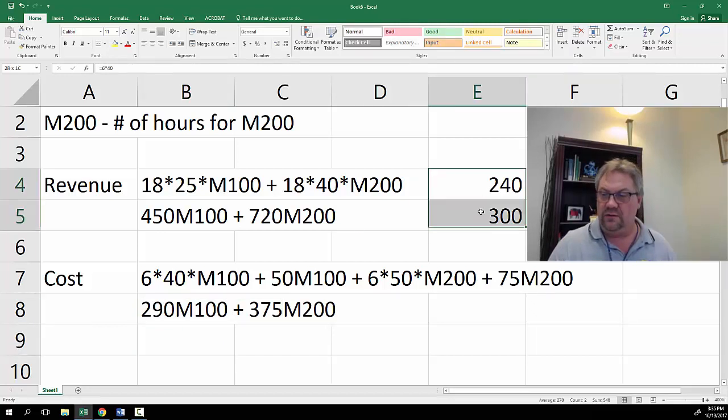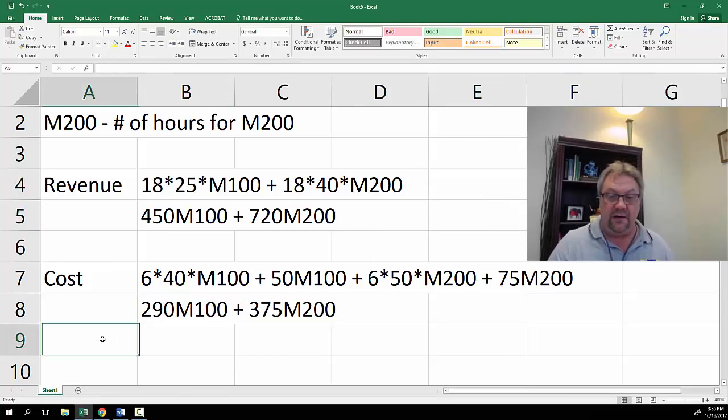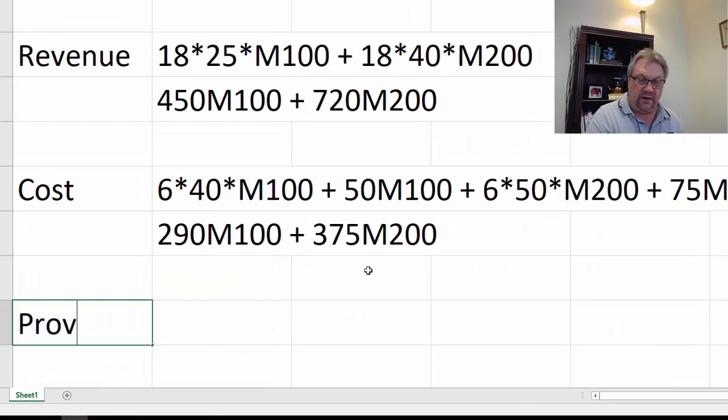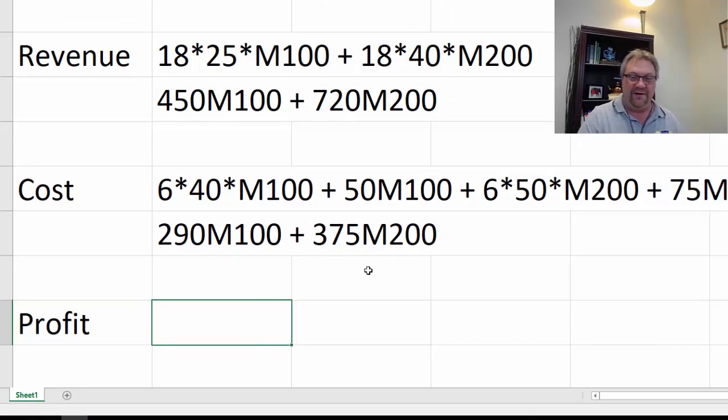It's going to cost me $375 per hour to run the M200. Okay. So then my profit is the difference. So I'm going to have 450 minus the 290 for the M100.